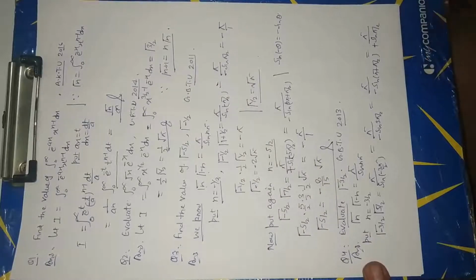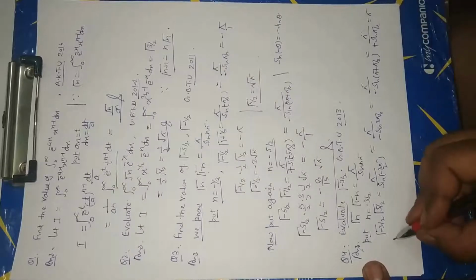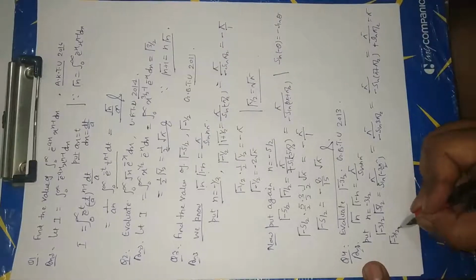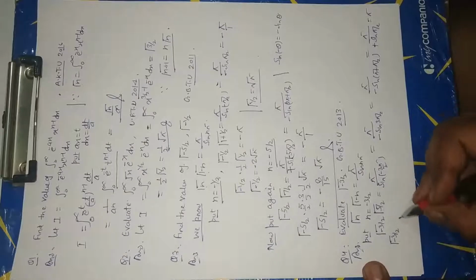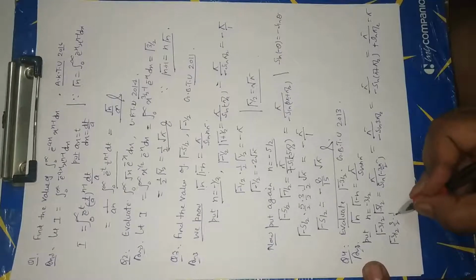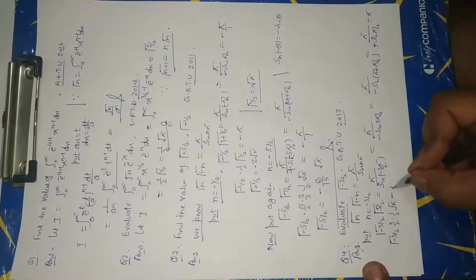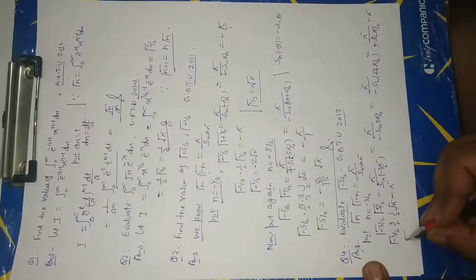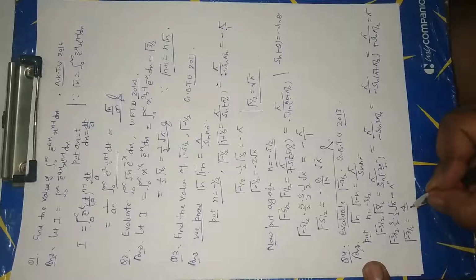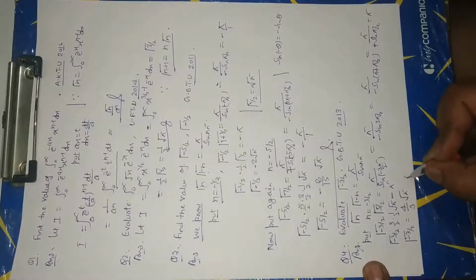The value of sin pi by 2 is 1, so this is pi. Gamma 5 by 2 is 3 by 2 times 1 by 2 times root pi, so pi cancels. So gamma minus 3 by 2 is equal to 4 upon 3 root pi.